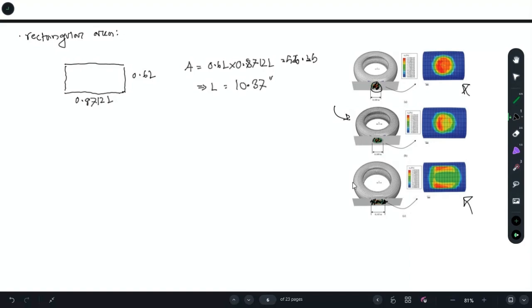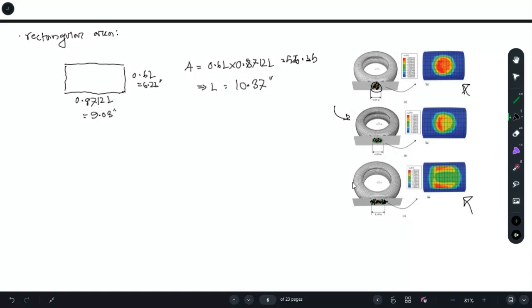So to get 60% of the length, 10.37 multiplied by 0.6, it will be 6.22 inch, and with 0.8712 it will be just 9.04 inch, 9.03 inch. So considering a rectangular area, we need this kind of area in finite element analysis.